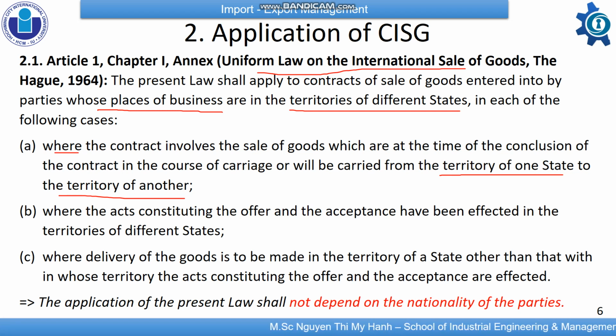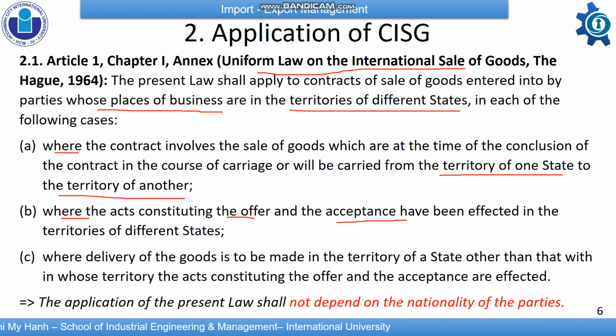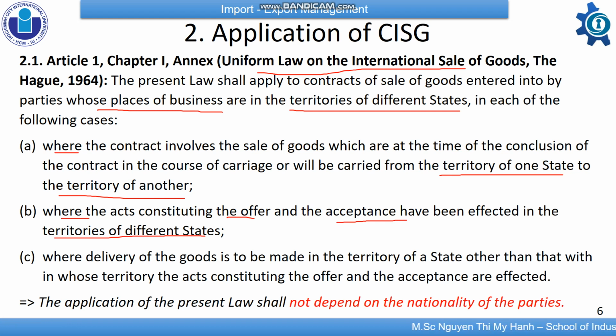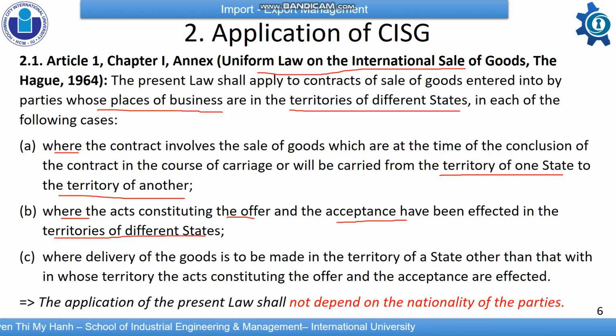Okay. The second one is where the acts constituting the offer and the acceptance have been effected in the territories of different states. And the third one is where delivery of goods is to be made in the territory of a state other than that in whose territory the acts constituting the offer and the acceptance are effected.